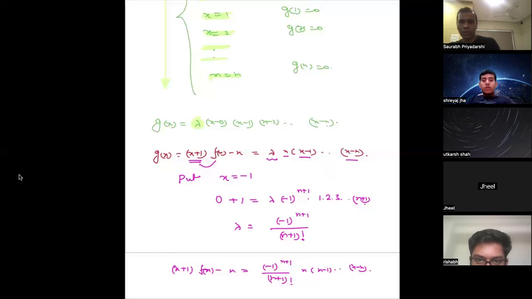But we have to think exactly how to make the function, like f(x) minus x squared, f(x) minus x cubed, or something like that, here (x plus 1) into (f(x) minus x). Okay, everyone. Done, Sanjana?